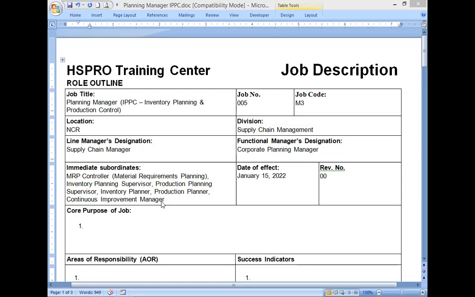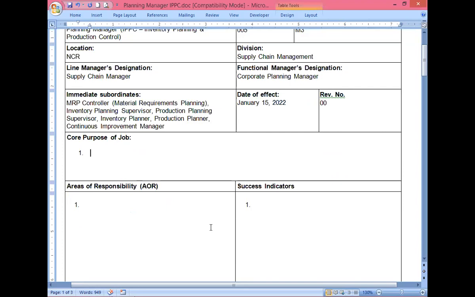Okay, so date of effect and revision number, this is 00, since this is the first time that we're writing the planning manager description. And just like what I did a couple of days ago, I just wrote the core purpose of job and the AOR, area of responsibility, and the success indicator. Just the three parts of the job description. Why?